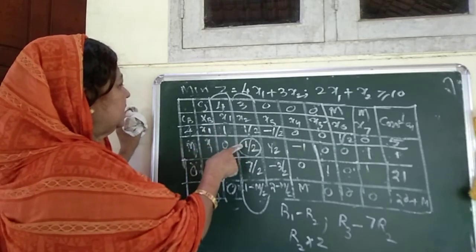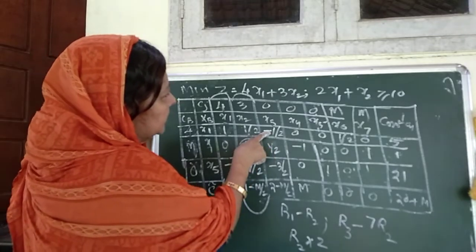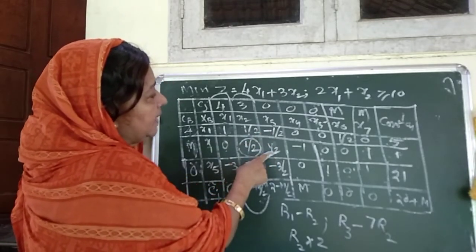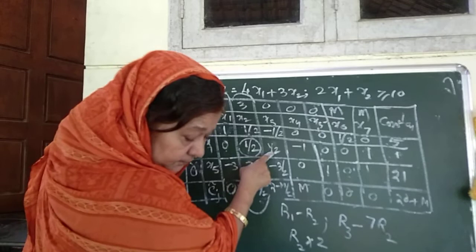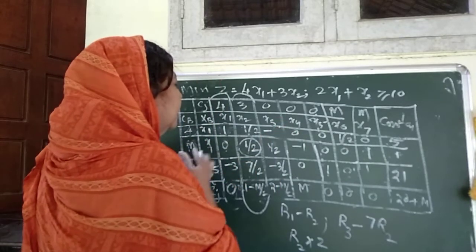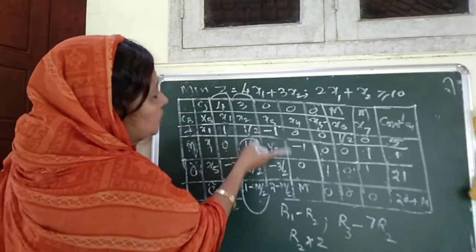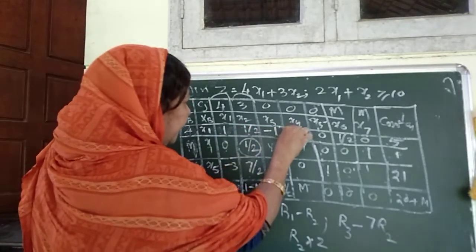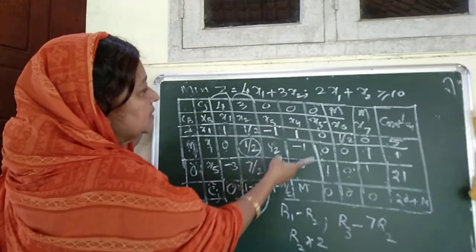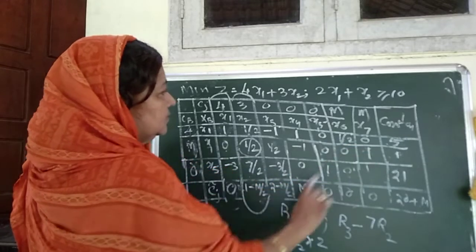So the operations are R1 minus R2. This gives minus 1 by 2, minus 1 by 2, that is minus 1. Also R1 minus R2 gives 1. And also 0, there is no change. 1 by 2, there is no change. This is the only change.